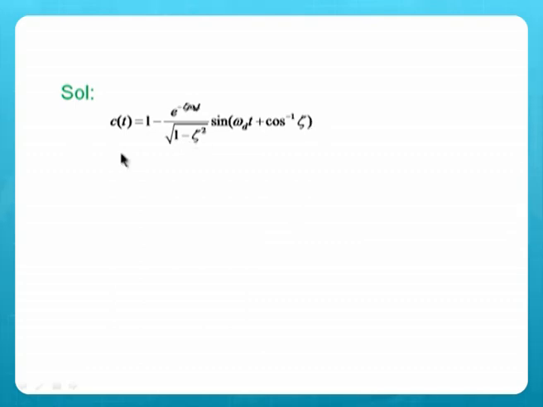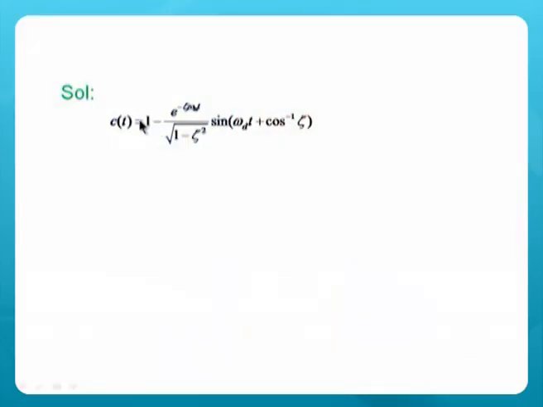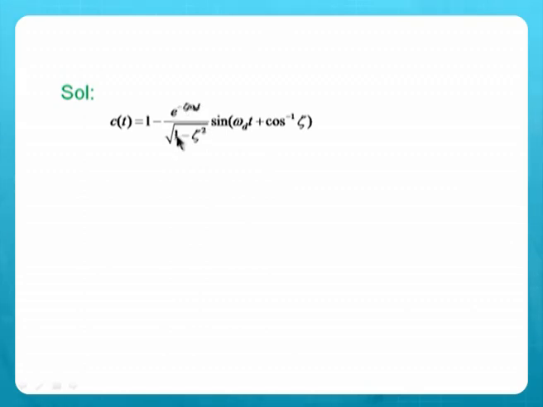This is the response of a second order system for unit step input. So this 1 stands for unit step input, and the rest of the term is the oscillatory term. Those oscillations are going to die as time approaches infinity. So the exponential decay indicates this term. Oscillations indicate this sin omega d t term.